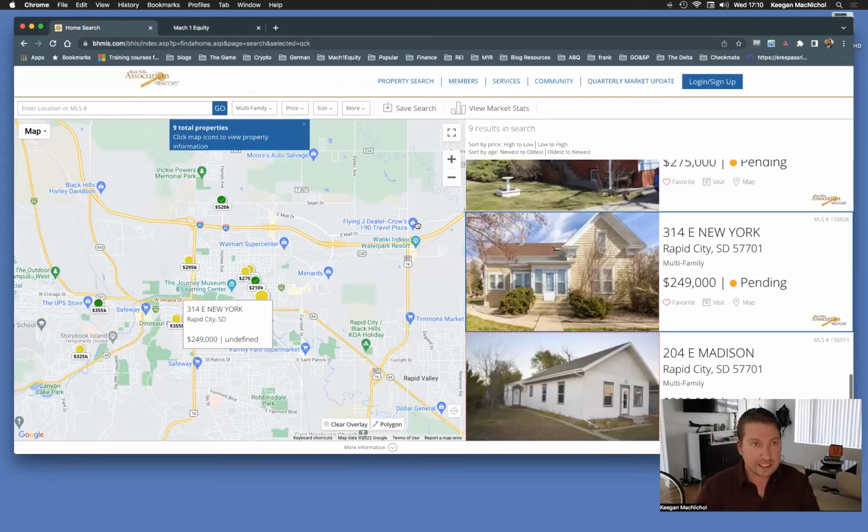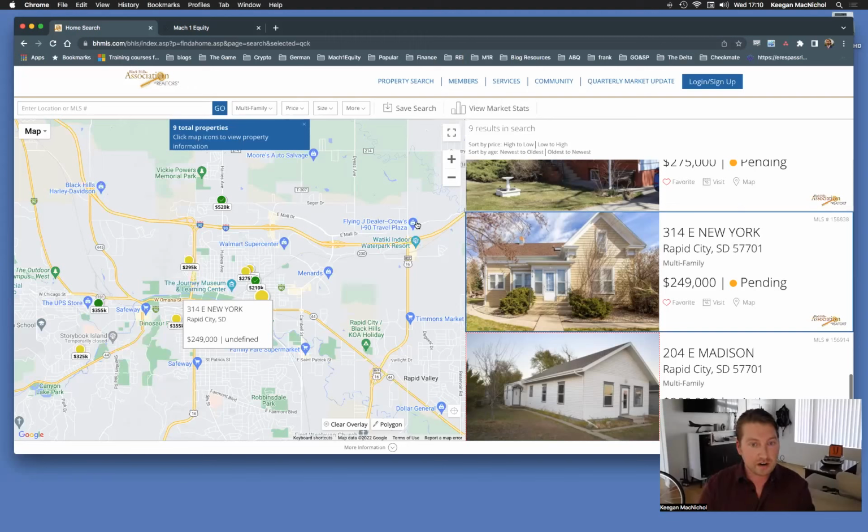Now, this is the Black Hills MLS. Today I'm going to be using Rapid City, South Dakota as our target market, because I'm familiar with the market. I own property in the market, so I have a good sense of the assumptions I need to use when analyzing a deal. I think this is a good representation of a lot of markets in the US.